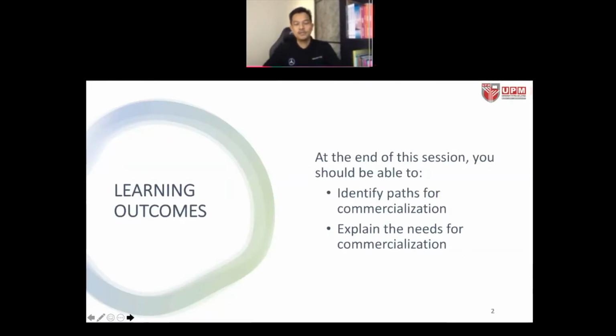As usual, in terms of the learning outcomes, at the end of this 30-minute session, you should be able to identify paths for commercialization, and at the same time, explain the needs for commercialization. There are three paths for commercialization.